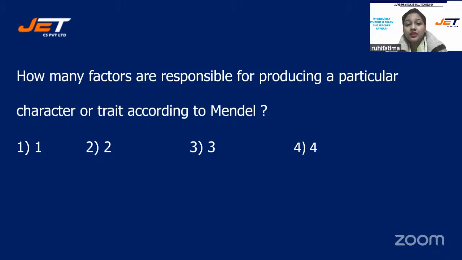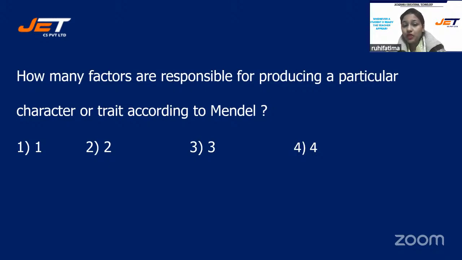How many factors are responsible for producing a particular character or trait according to Mendel? Your options are number 1, 1, option number 2, 2, option number 3, 3, or option number 4, 4? How many factors are responsible for producing a particular character or trait according to Mendel?